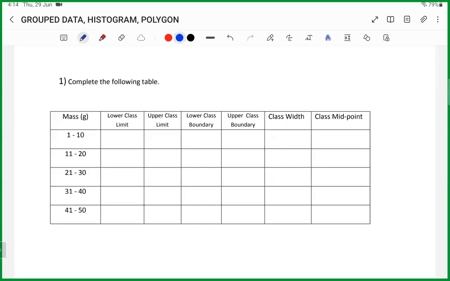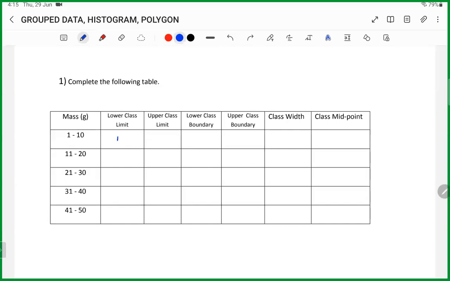All right, so we have each class here, right? So we have 5 classes, and let's just practice writing in the class limits and the class boundaries. So as I said before, if you see classes written in this manner, the numbers that you see are the class limits.